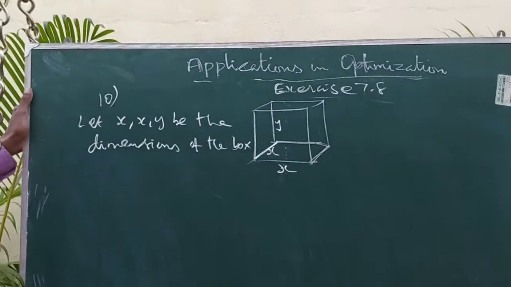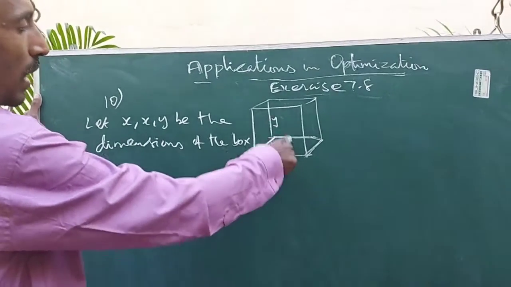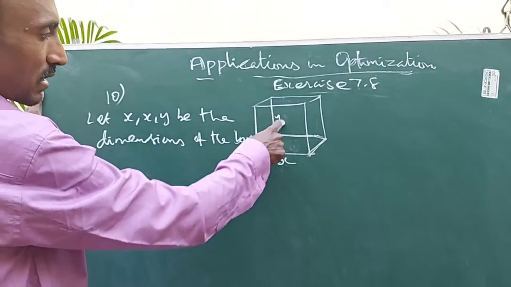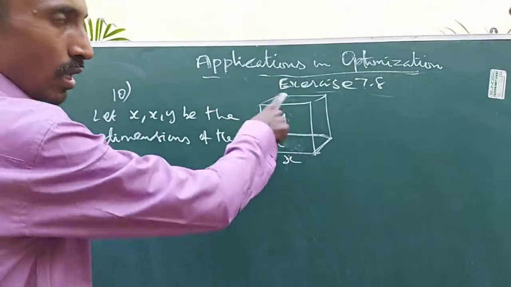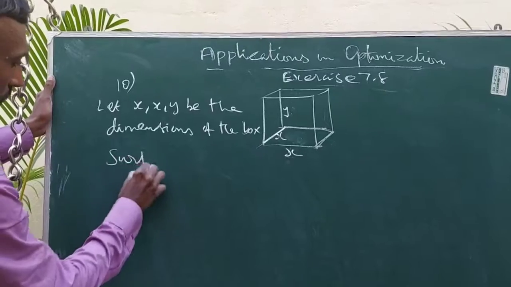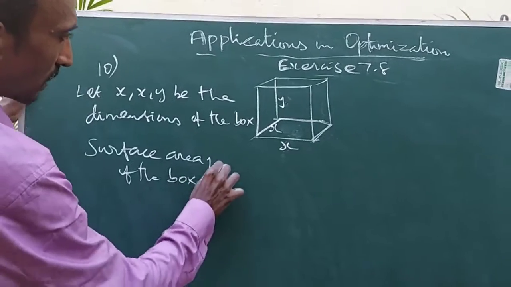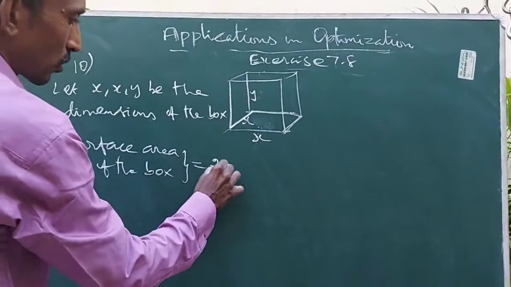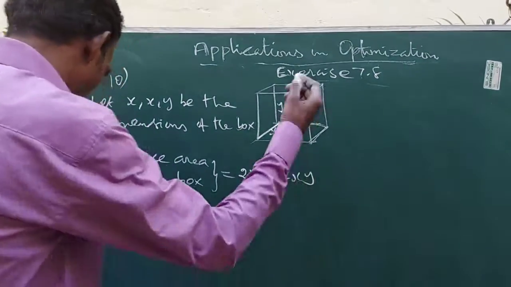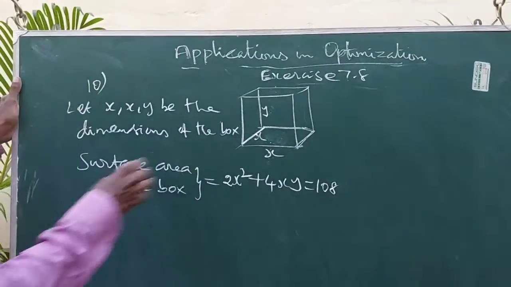Okay. So listen, my dear student, I already told you two faces are square. So area of this base is x square. Always top is also x square. Remaining four rectangles, x into y, so 4xy. So the surface area of the box is equal to two squares, x square plus x square, 2x square, and 4xy. It is given as 108 in the question.